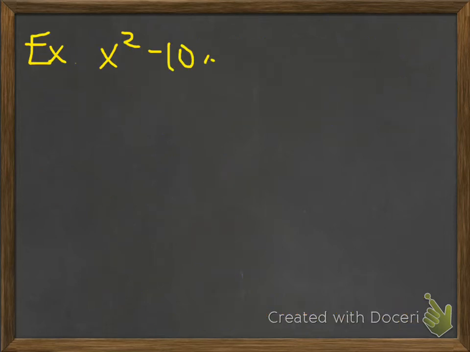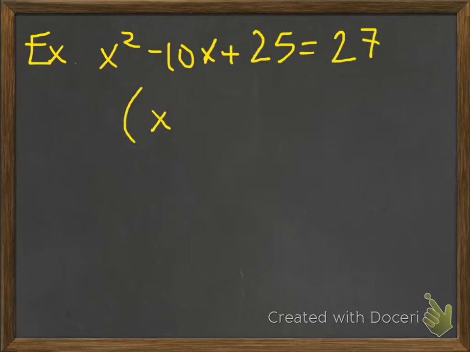Next example, I've got x squared minus 10x plus 25 equals 27. In this example, we can actually use the perfect square trinomial shortcut, and that becomes very important because that's what we need for completing the square.